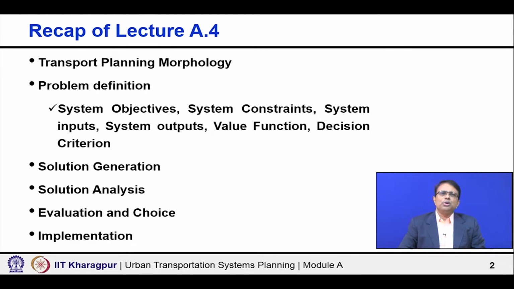And also we said how important it is to work out the problem definition stage, because it includes everything: identifying the system objective, identifying the system constraints, the inputs, outputs, value function, decision criteria. So, everything we try to set in the problem definition stage.